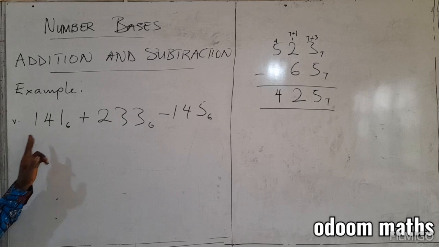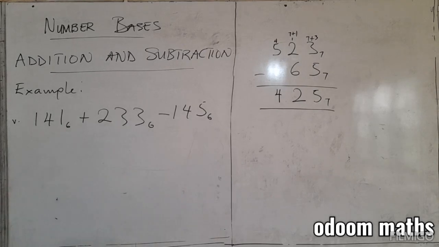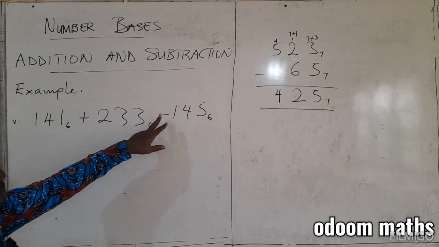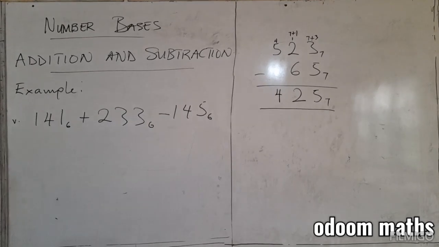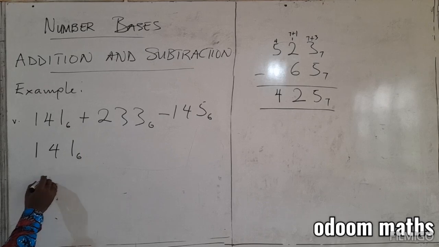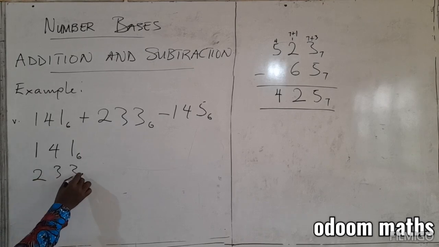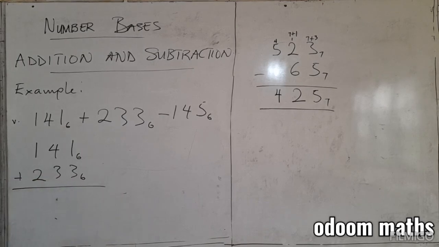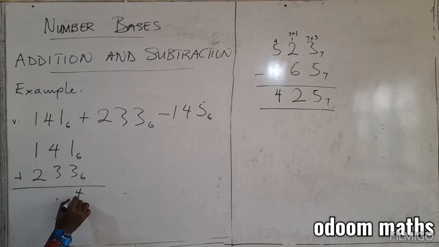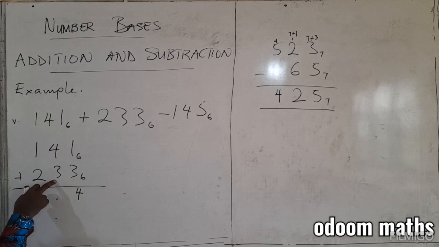Okay, so let's look at our last example under addition and subtraction. This time we are going to add and subtract: 141 plus 233 minus 145, all in base 6. So first, let's add before we do the subtraction. So 141 plus 233 in base 6. This is going to give me 4. This is 7.